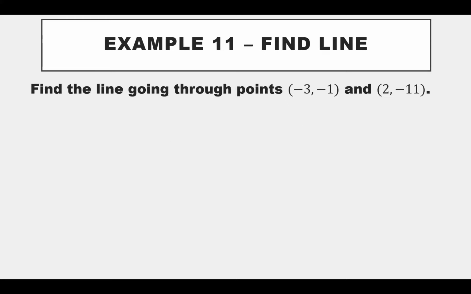Let's do an example that uses that technique. Let's find the line, that is, find the equation of the line, going through points -3, -1, and 2, -11. If you want to try this on your own, you can push pause on the video.